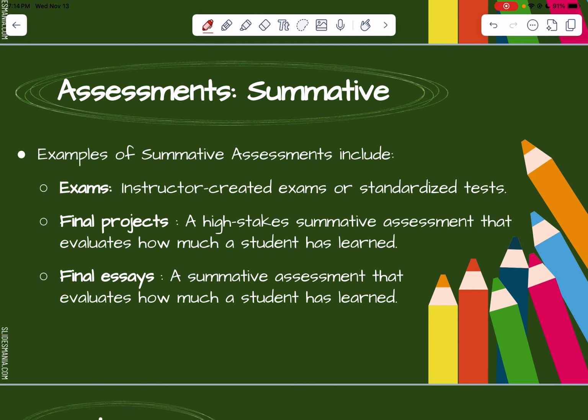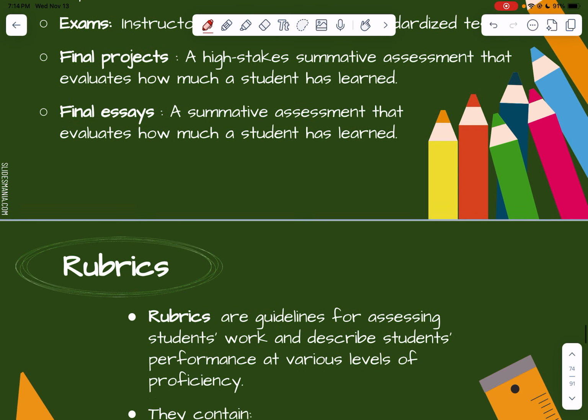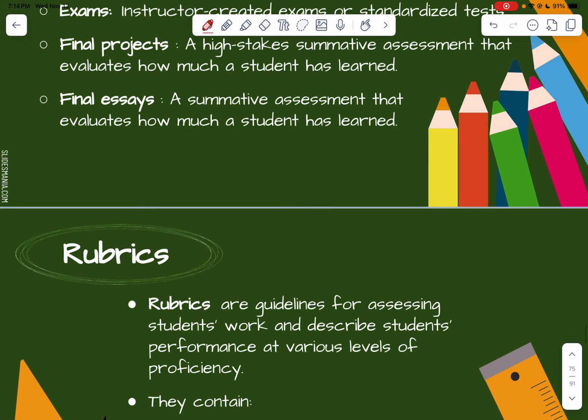They can have exams that are instructor-centered, or they could have state tests. Final projects are high-stakes summative assessments that evaluate how much a student learned during a time period. They also could have an essay, which is a summative assignment that evaluates how much a student has learned on a particular topic.